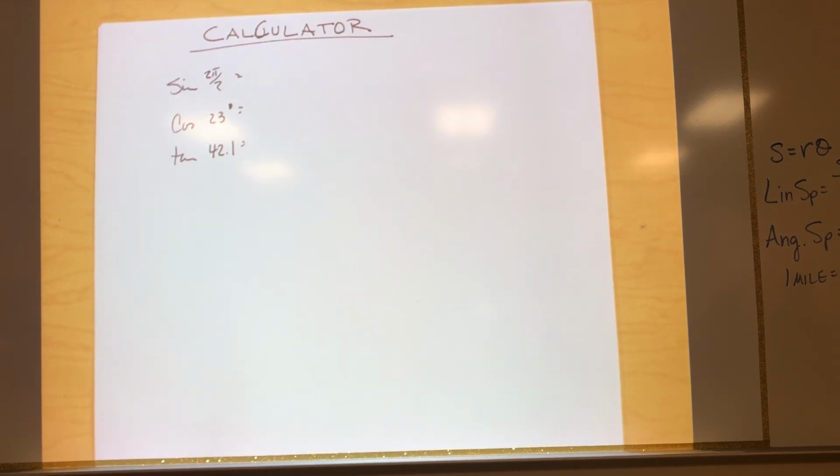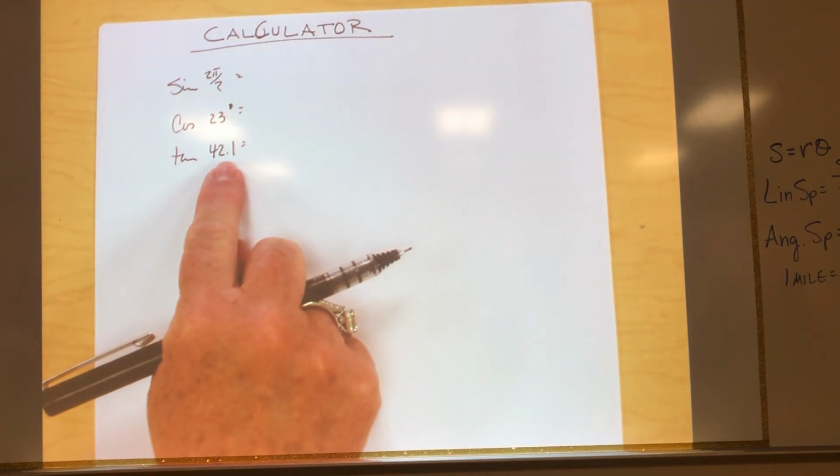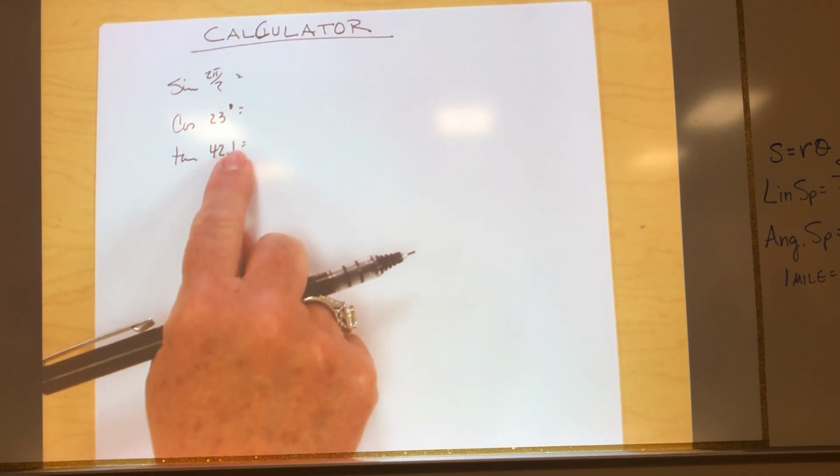Well, I'm mistaken, it's not 42.1. So it must be in radians. Did y'all hear that? That's something really important to know. I've done that to you several times, okay? This right here, is this degrees? How do you know? It doesn't have a little degree sign, okay?